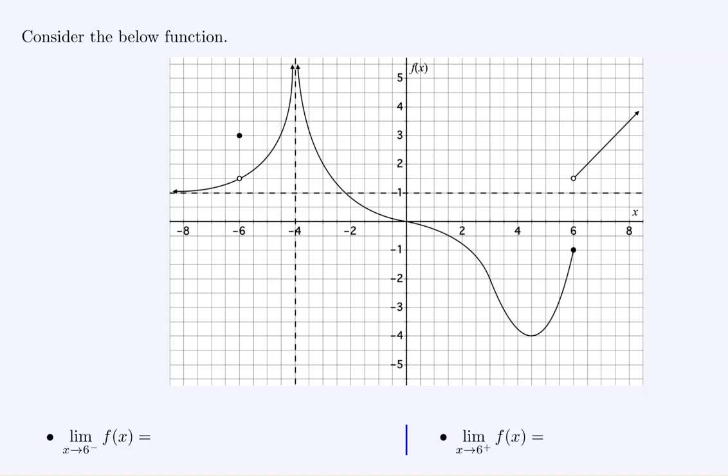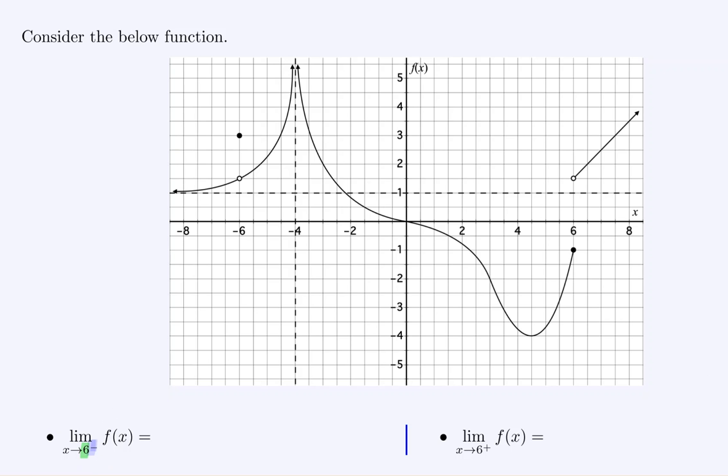Now, what x value are we interested in for our first limit? Take a moment to look at the notation and think, what x value do we care about? We care about the x value of 6. That's a positive 6. And do we see this superscript notation of a little minus?